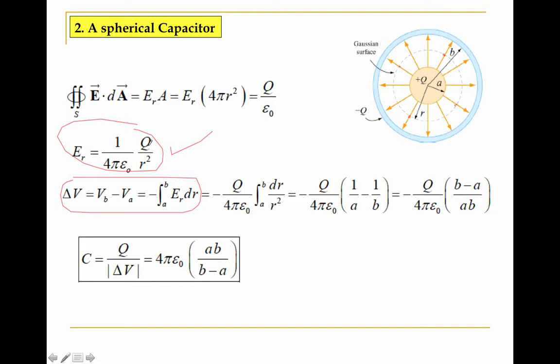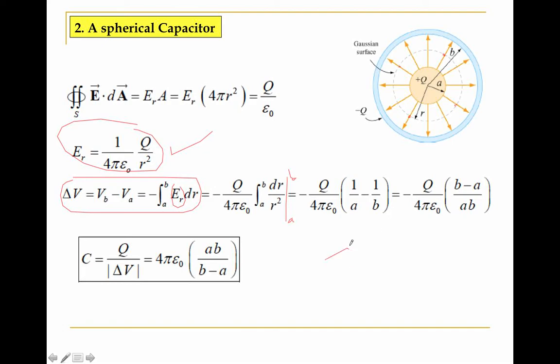If you put the electric field here and then integrate, you're integrating dr over r squared, which is simply minus 1 over r, and then you take the limits from a to b, and that will give you delta V equal to that.